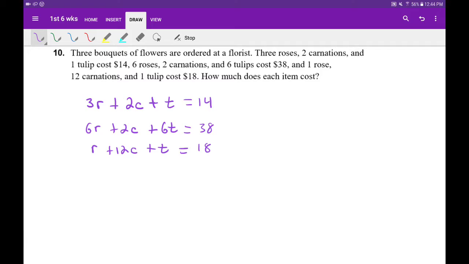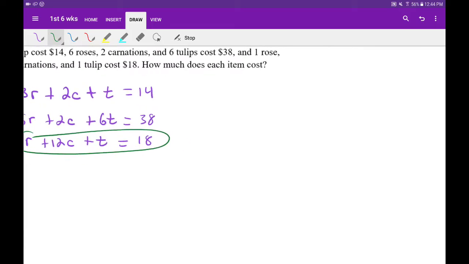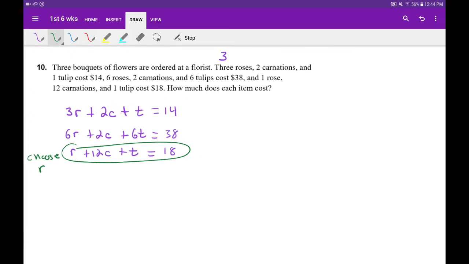All right, so since this is elimination homework, we'll use elimination. So I'm going to choose this bottom one here. Pretty sure I'll use R to eliminate because they're all multiples of each other. Okay, so let's take the first one here. So 3R plus 2C plus T equals 14.